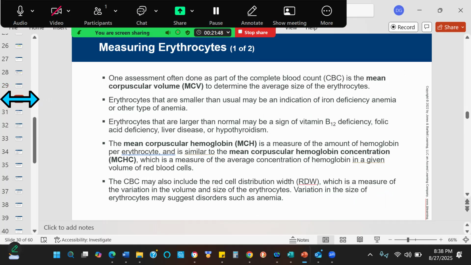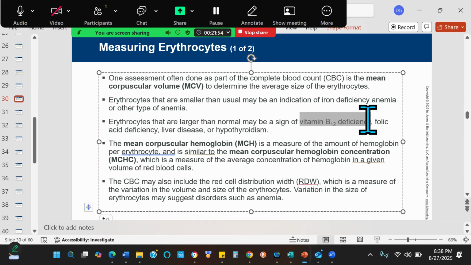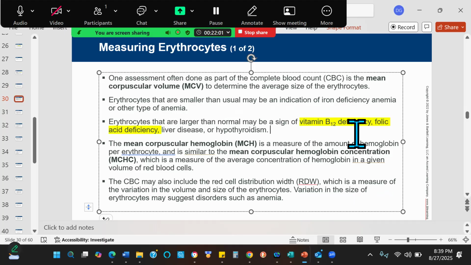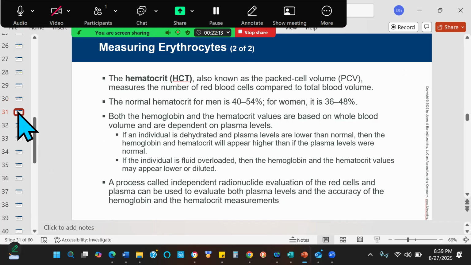Measuring erythrocytes, we can actually measure the size of the erythrocytes. B12 deficiency, look here, there. Yeah, that's very much what I had right there. Folic acid deficiency, those kind of things. All that can lead to anemia of various kinds. Mean corpuscular volume, mean corpuscular hemoglobin concentration. All these things are measured and part of the blood count.